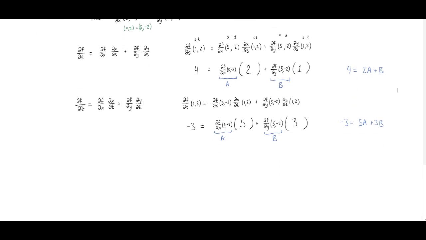All right, so I'll tell you what I'm going to do. I'm going to take my first equation and multiply it by 3. So I'm going to get 12 equals 6A plus 3B, okay? And then here's my second equation, negative 3 equals 5A plus 3B.